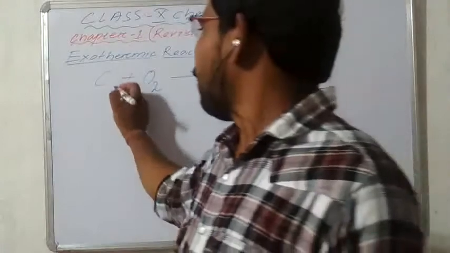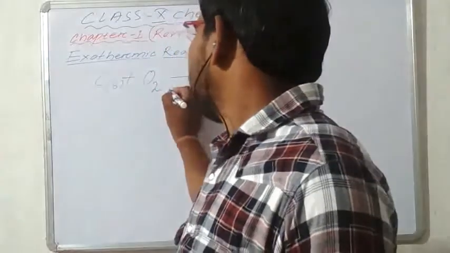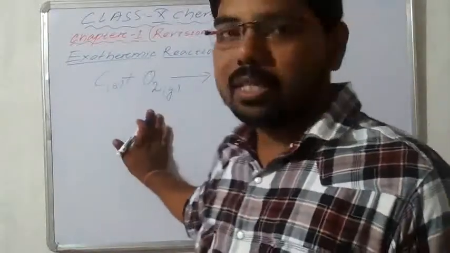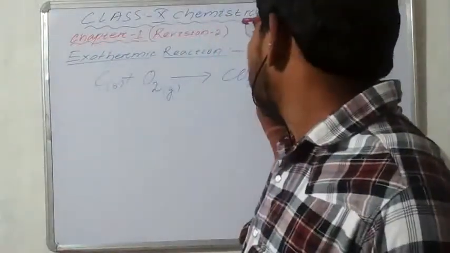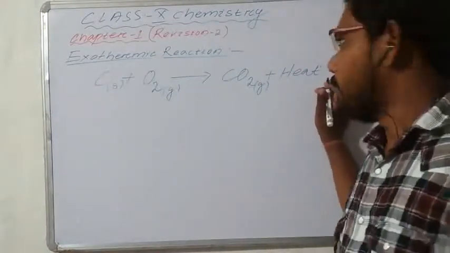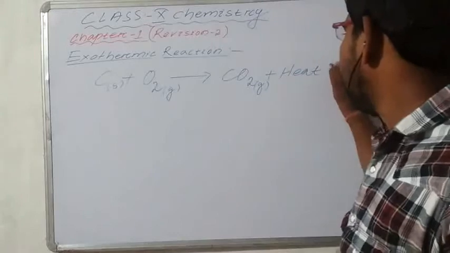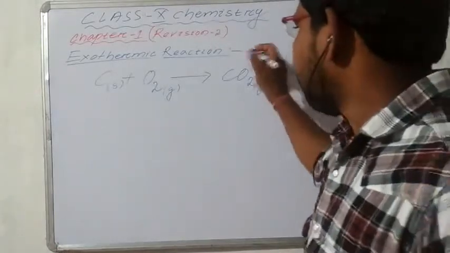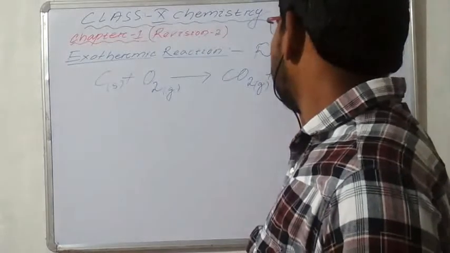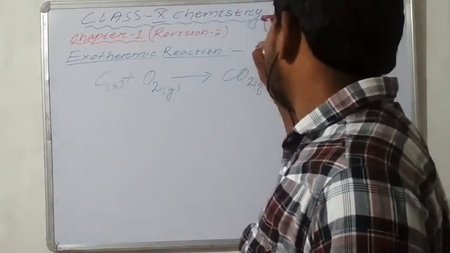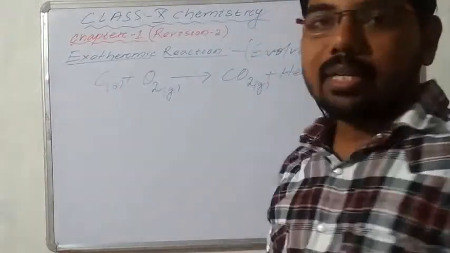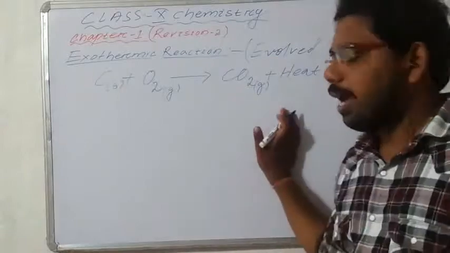C means carbon and O means oxygen. When carbon is burned in the presence of oxygen, carbon dioxide gas is released and some heat energy is released. Here the heat energy is released or evolved, that's why it is an exothermic reaction.